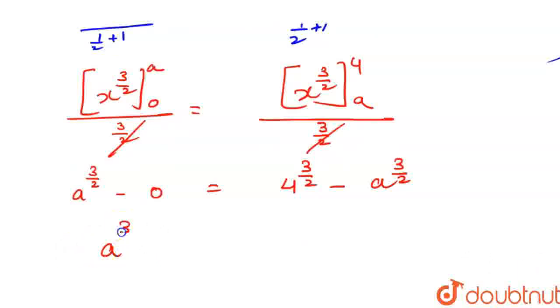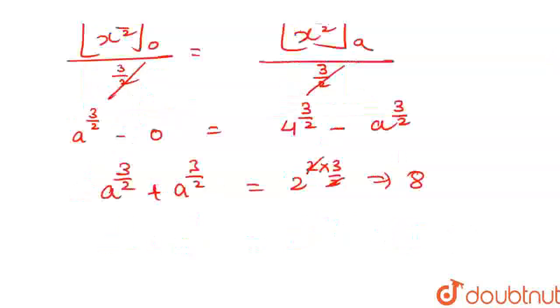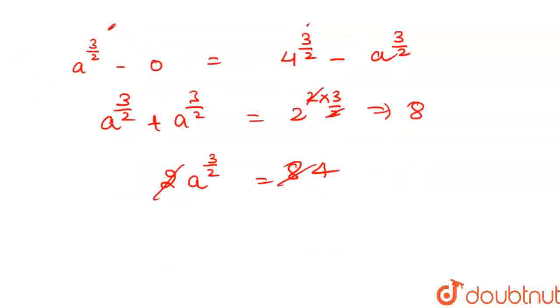So this will become a to the power 3 by 2 plus a to the power 3 by 2 equals, we can write 4 as 2 square, into 3 by 2. So this will make it 2 to the power 3, and 2 to the power 3 is 8. So it will become 2 times a to the power 3 by 2 equals 8. The 2 will be cancelled out, and now we can write here a to the power 3 by 2 equals 4.